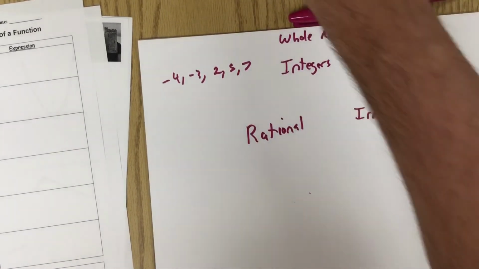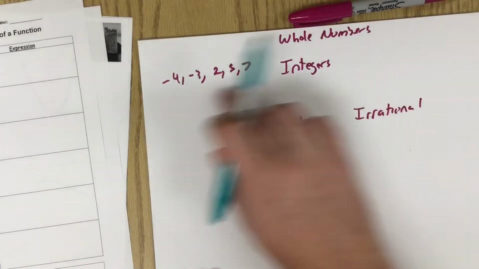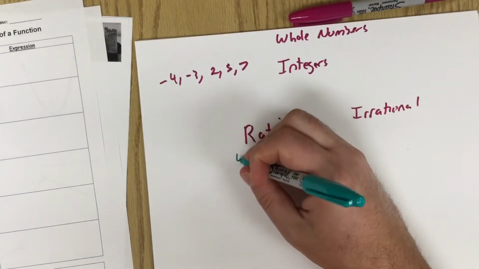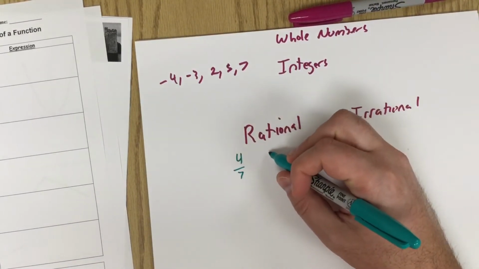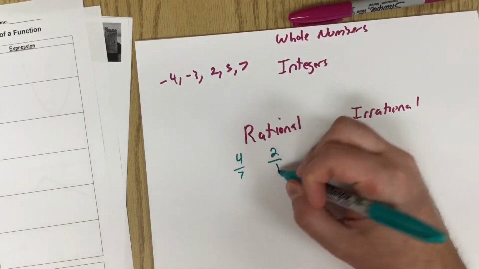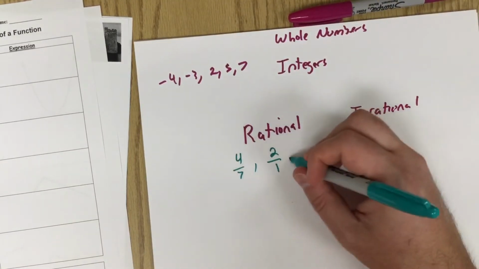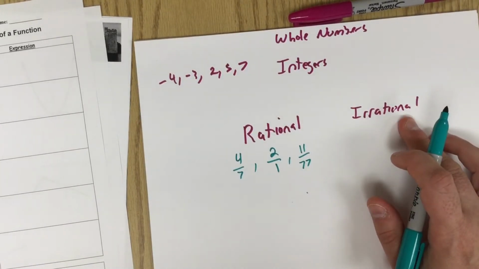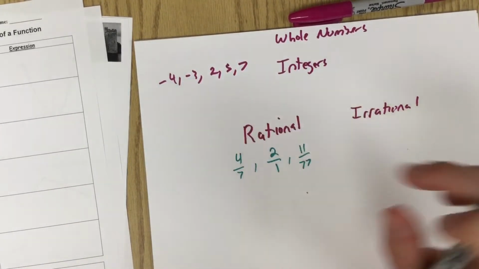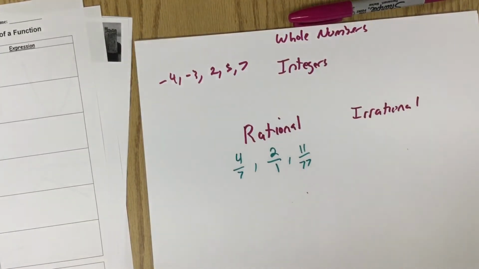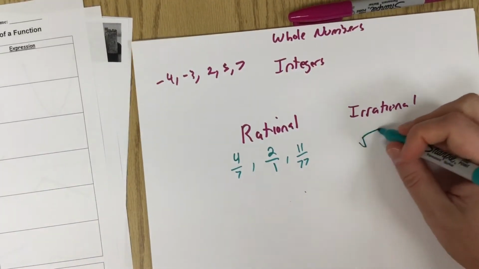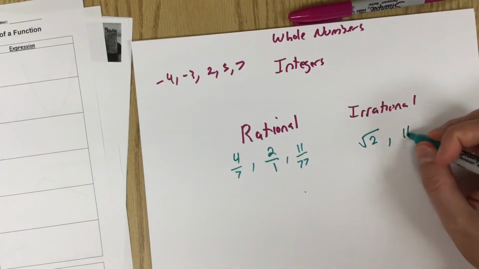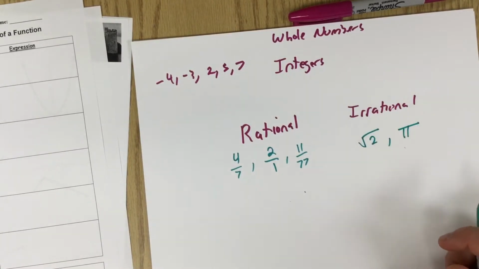Rational numbers are all numbers that can be written as a fraction, and that includes the integers, actually. So 4 over 7 is rational, and 2 over 1, which is just 2, is rational, and 11 over 77 is rational. Rational numbers are also ones that have repeating digits. Irrational numbers are ones that cannot be written as a fraction. For example, √2 and pi: there's no way to write those as a fraction.